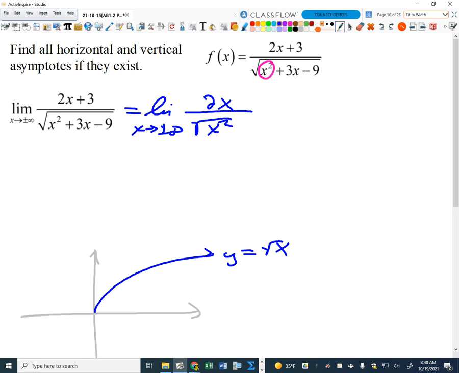So in the limit that x approaches plus or minus infinity, the only term that's going to matter on top is going to be the 2x. On the bottom, it's not really the only term, but the only part that's really going to matter is the square root of x squared part. The rest of the contributions inside the square root are just going to be insignificant. The x squared is what's going to really matter as x approaches plus or minus infinity.